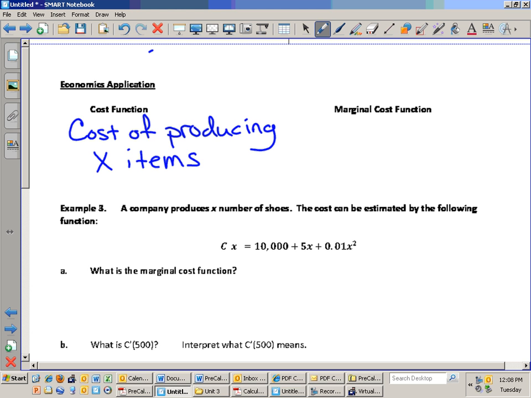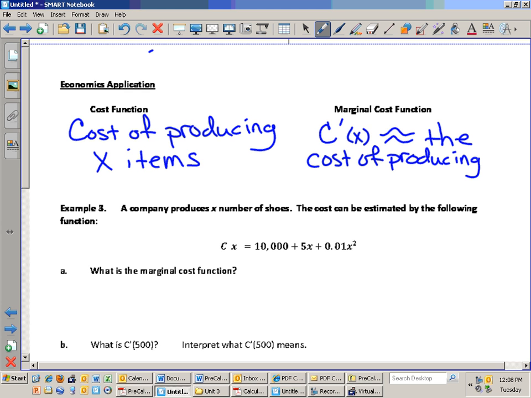And what the marginal cost function is this, C prime of X. And the reason why we say marginal is it really tells us basically approximately the cost of producing the next item.